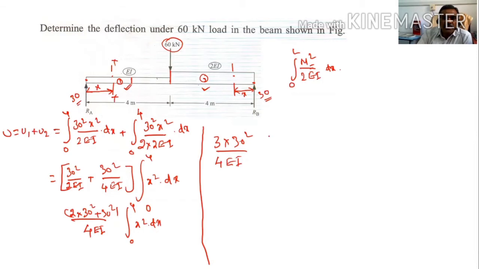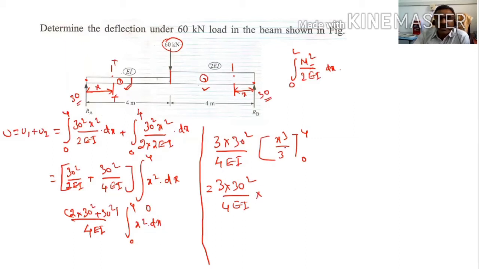If you integrate x square, that is x cube by 3. Apply the limit 0 to 4. Then 3 into 30 square divided by 4 EI into apply the limit 4 power cube, 4 power cube divided by 3.